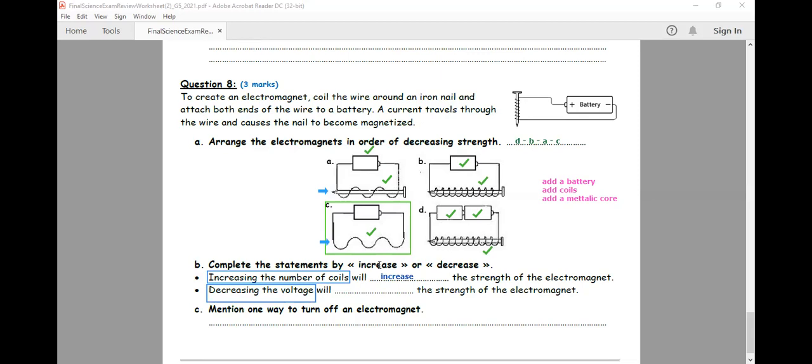It goes down, so it decreases the power of the electromagnet. Guys, what will happen if I bring staples or paper clips next to the electromagnet? They will stick. Yes, the electromagnet will attract them.